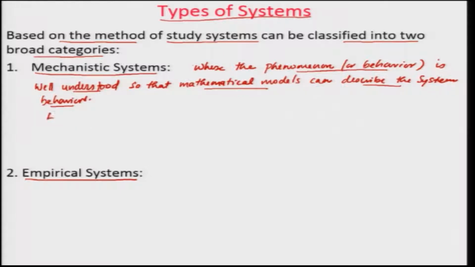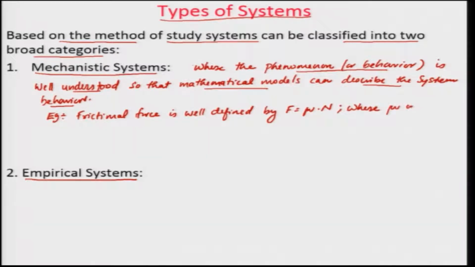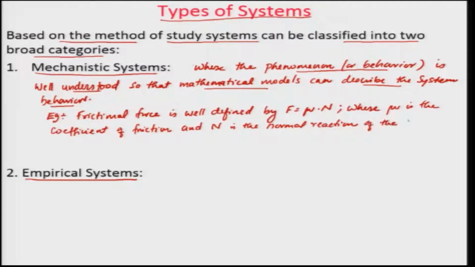So, let us take an example. The frictional force is well defined by F equals mu multiplied by N, where mu is the coefficient of friction, and N is the normal reaction of the body to the surface.